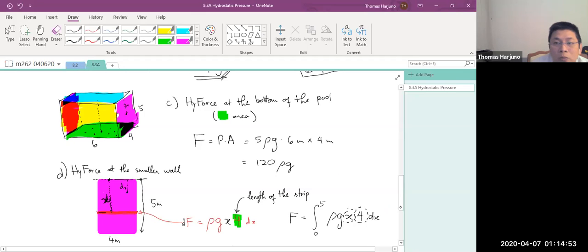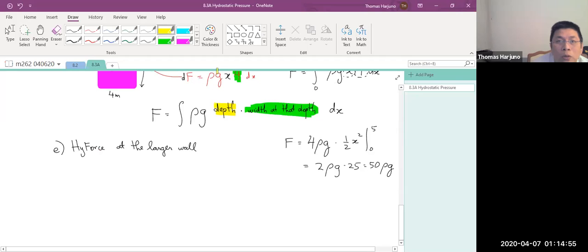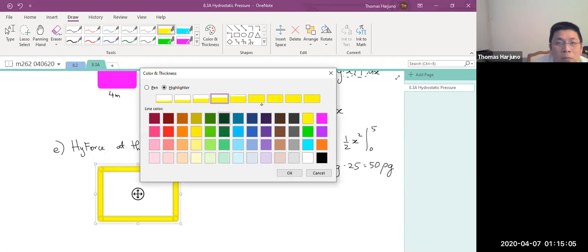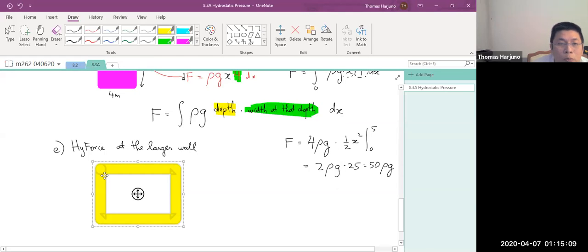Okay, that's the larger wall. So let me say it looks like this. It's too big.